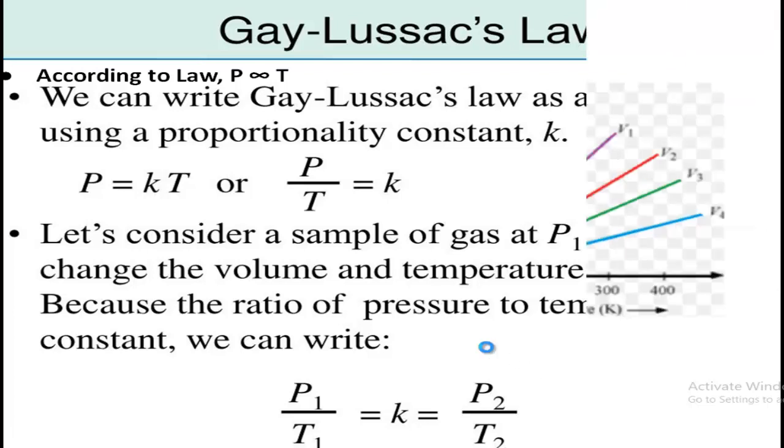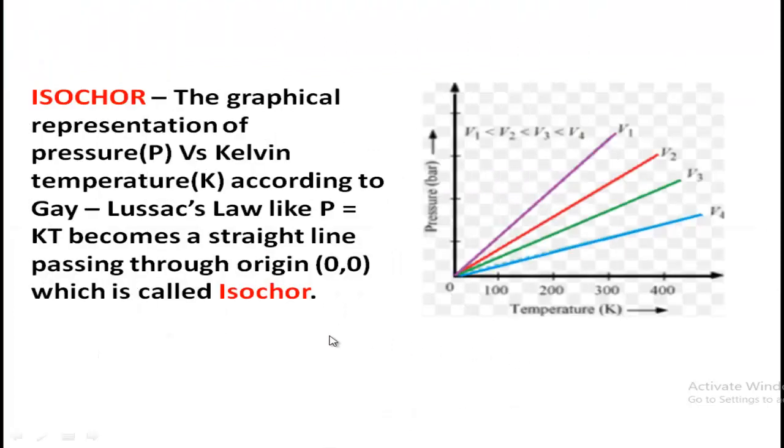And this is the mathematical expression of Gay-Lussac's law. Now we will see the graphical representation of Gay-Lussac's law. If we draw a curve between pressure versus Kelvin temperature, following Gay-Lussac's law, that is P equals KT, then we will get a straight line going through the origin at constant volume.